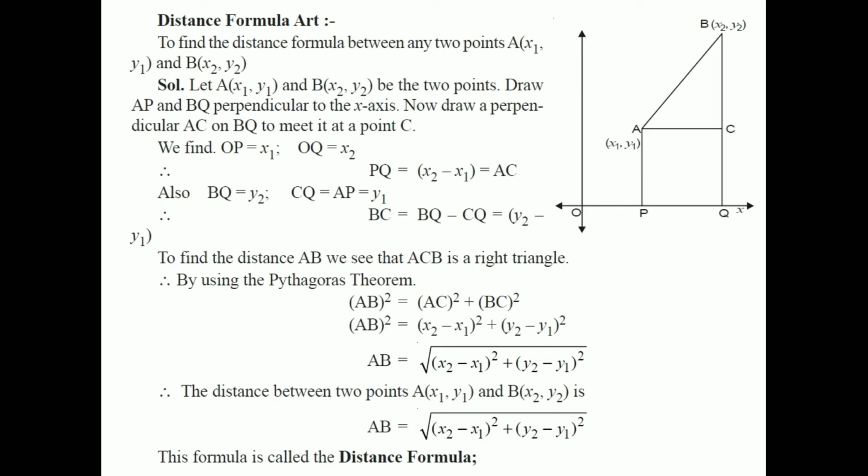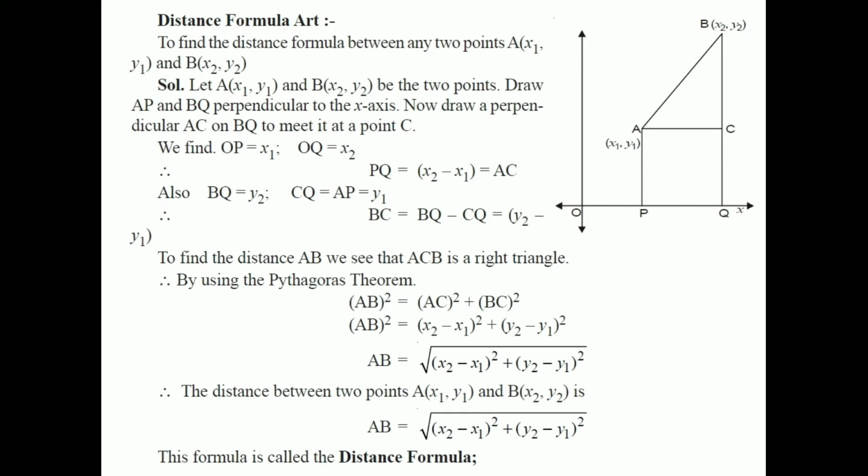OP is equal to distance x1, OQ is distance x2. Therefore, we can calculate PQ as x2 minus x1, and PQ is the same as AC. Therefore, AC is equal to x2 minus x1.